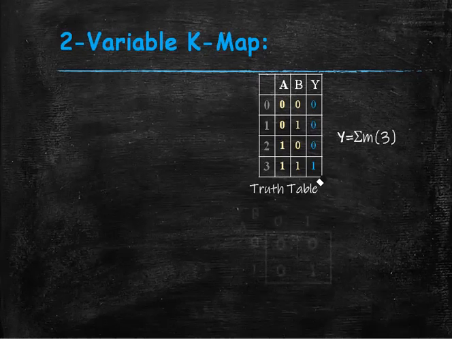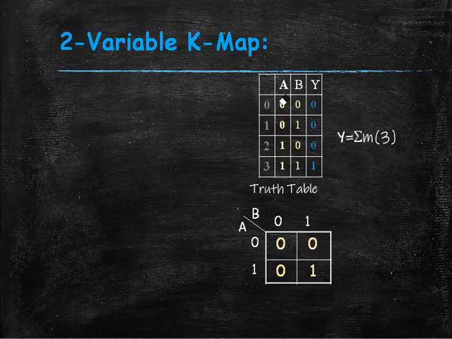Okay. Then we express the Karnaugh map. We put a 1 for the position 3 only. Okay. The remaining positions are 0.